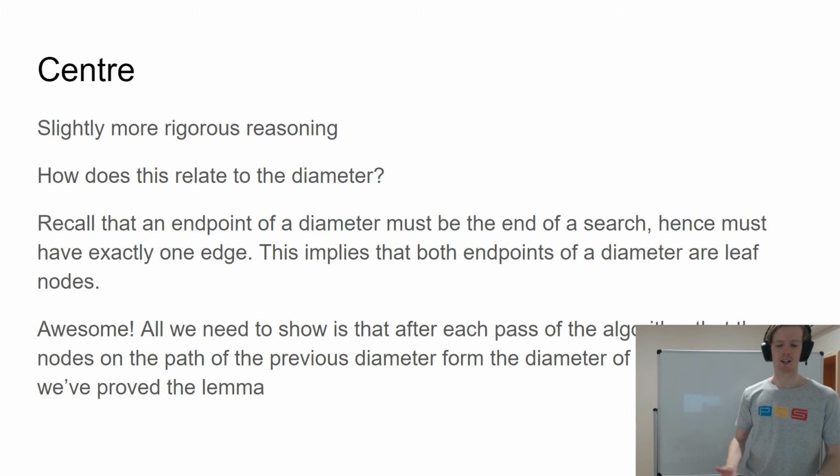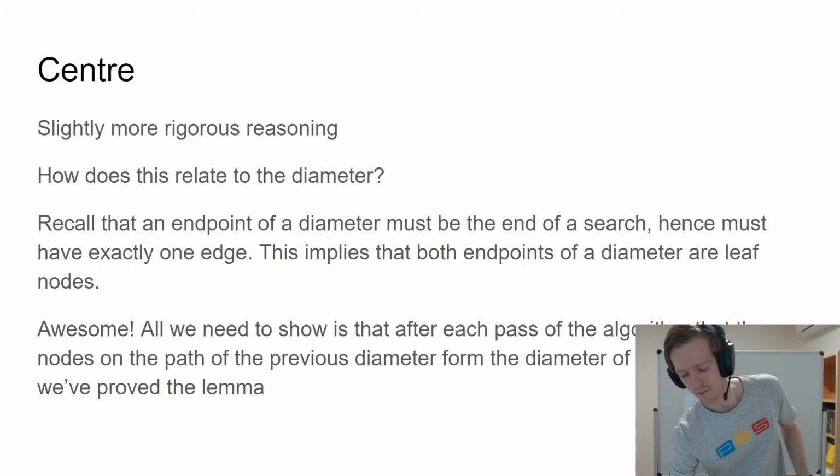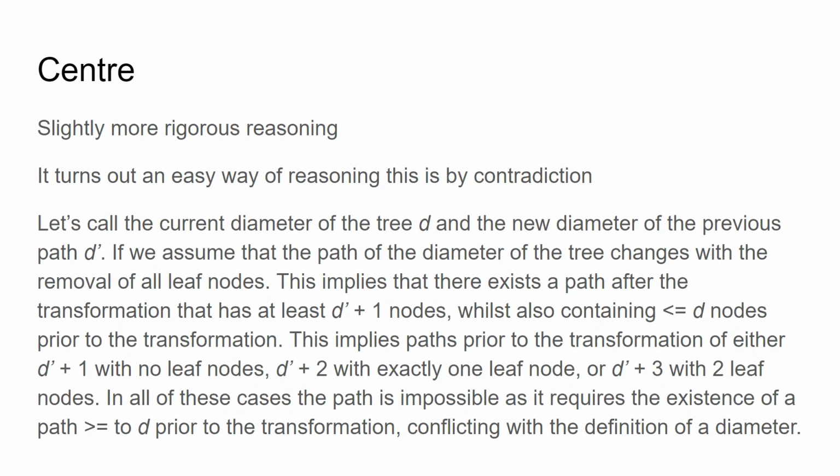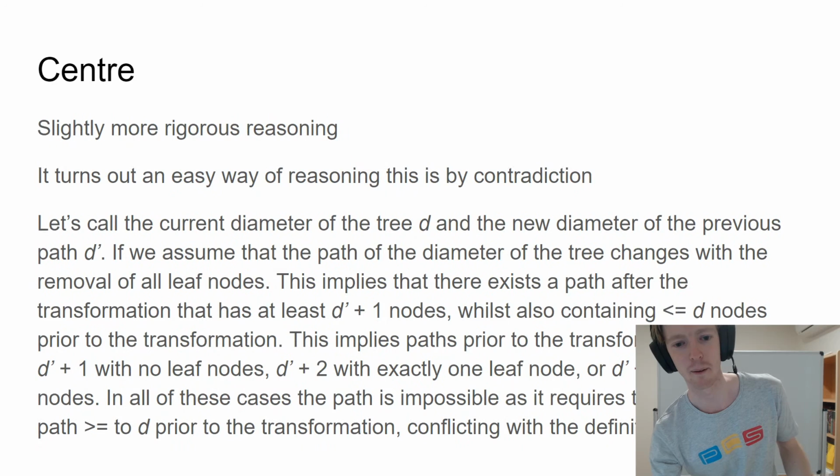Cool. So now that we know that, all we need to do is show that after each pass of the algorithm, the nodes in the previous diameter form the diameter of the new tree, and we prove the lemma. A nice way of thinking about this is through thinking about the opposite.